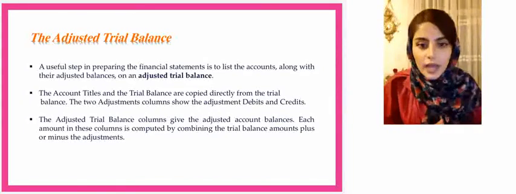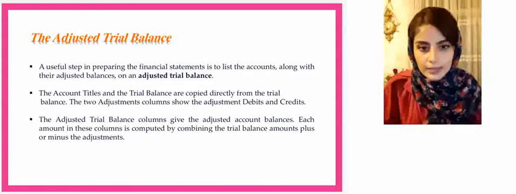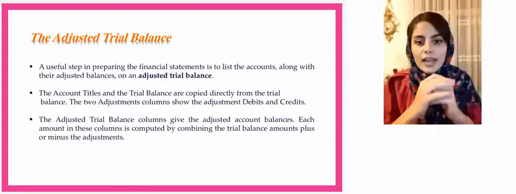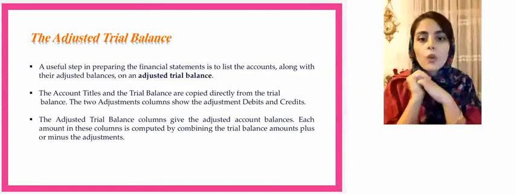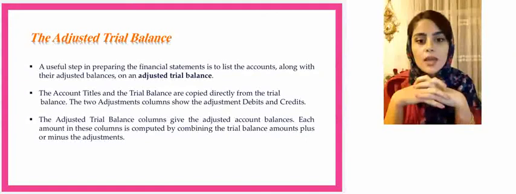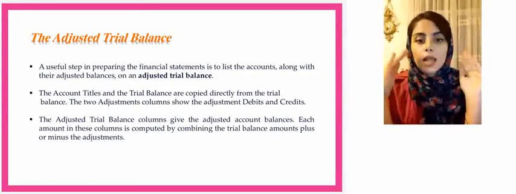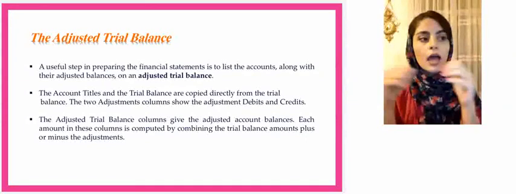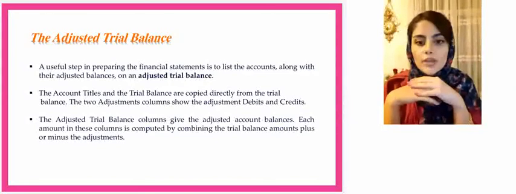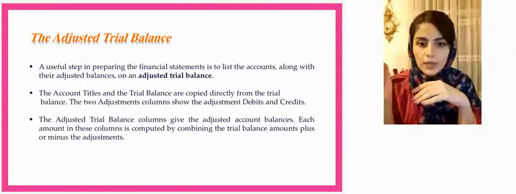Now I want to talk about the adjusted trial balance. A useful step in preparing financial statements is to list all the accounts along with their adjusted balances on an adjusted trial balance. The account titles in the trial balance are copied directly from the trial balance.